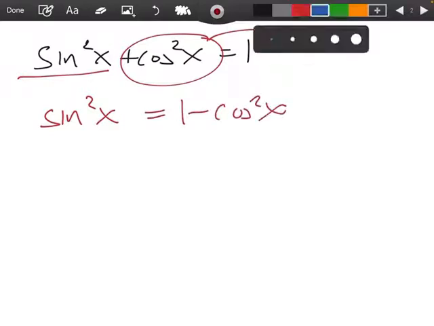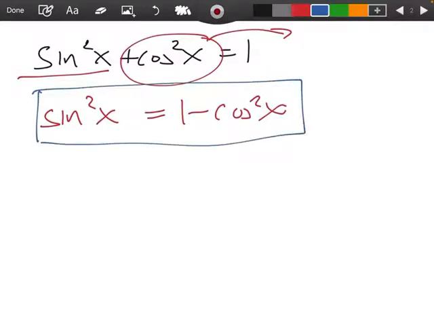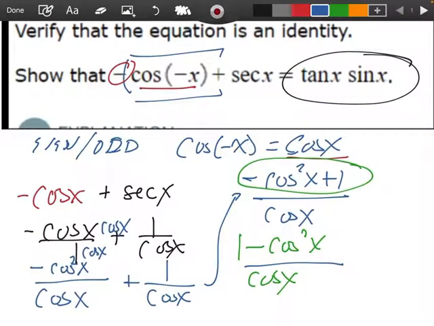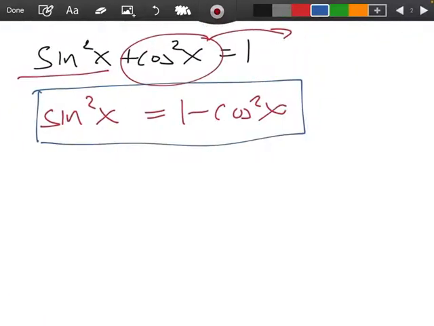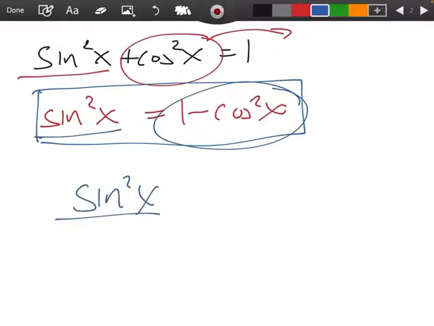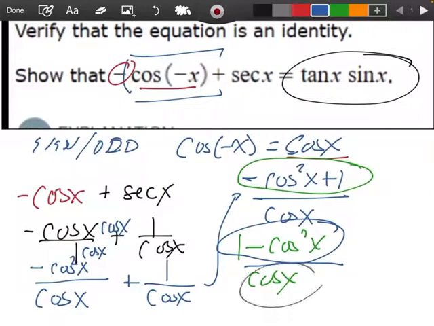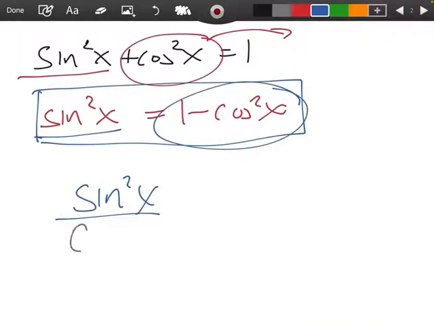So the reason why I want to do that is if I use this Pythagorean identity and I come back and look right here, I've got a 1 minus cosine squared x. And a 1 minus cosine squared x is the same thing as a sine squared x. So this is going to be sine squared x over cosine x. And remember what sine squared x means. It means that there's two of them.